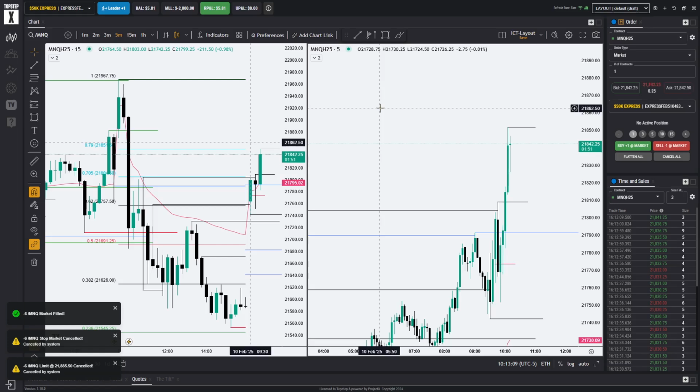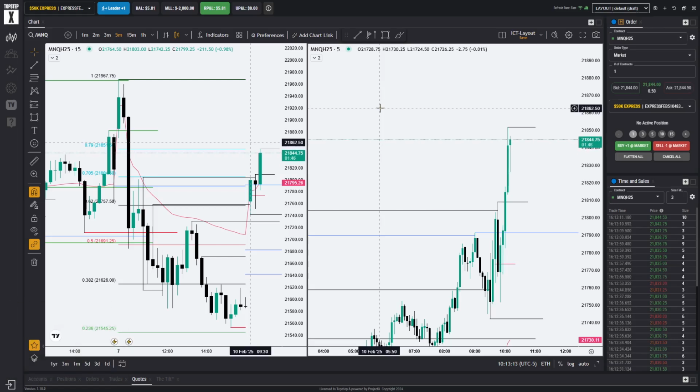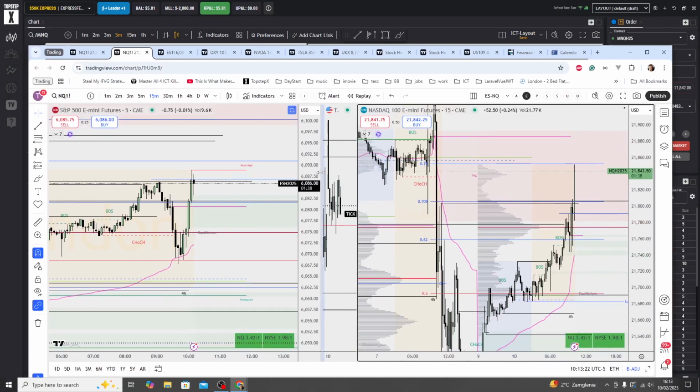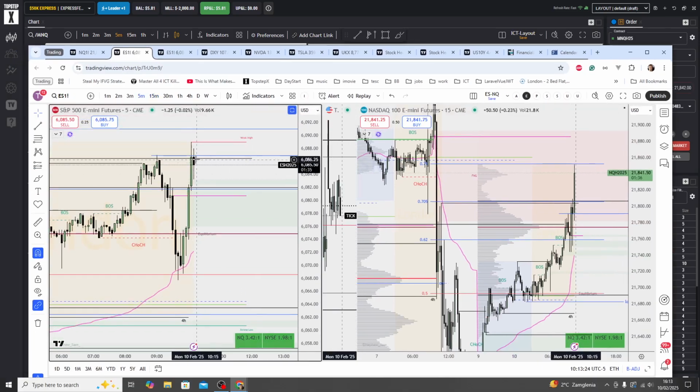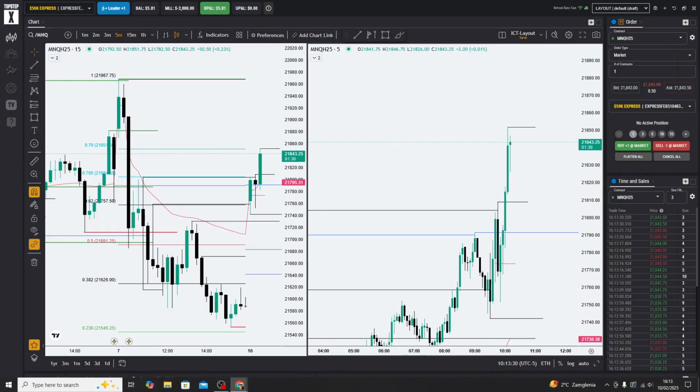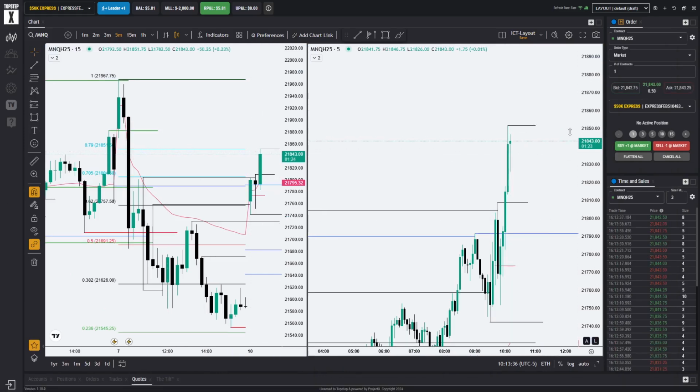First rule, order filled, get out when you can. Reason: look at the ES. It's not holding above. I want this to hold above to go higher. So it's not good.